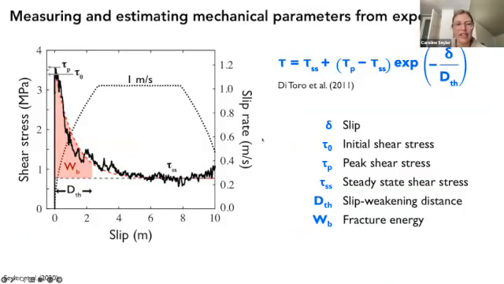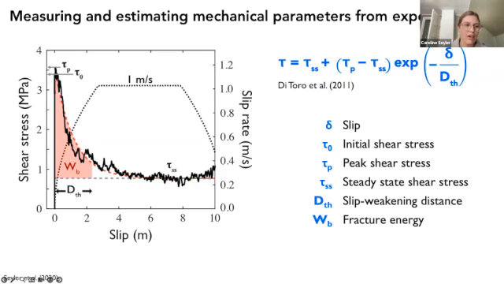Right, so the mechanical data from these experiments looks like this, where shear stress is plotted as this solid black line against slip, and the slip rate is plotted here as this dashed line. So in each test, we accelerate up to 1 meter per second and then decelerate. And as we accelerate, the slip achieves some peak stress and then decays due to a dynamic weakening process.